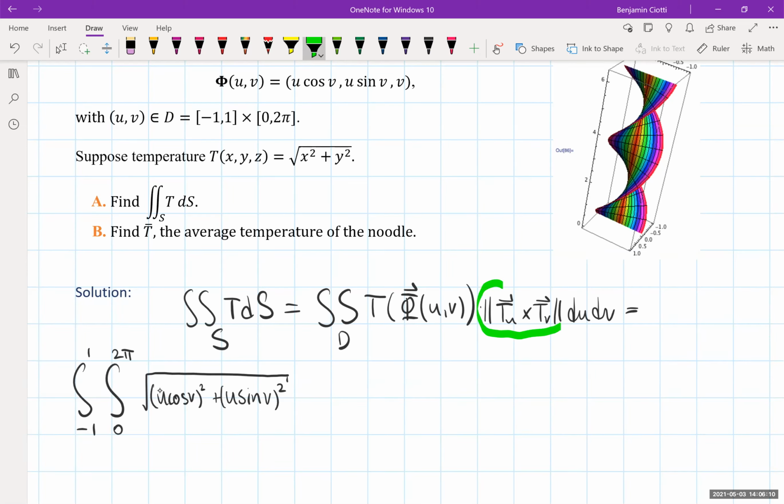Our surface area element, I think I'm going to use the fact that we've already computed this. Yeah, we computed this in a previous lecture, 2 lectures ago. Not the last lecture, but the one before. We saw that this is the square root of 1 plus u squared.